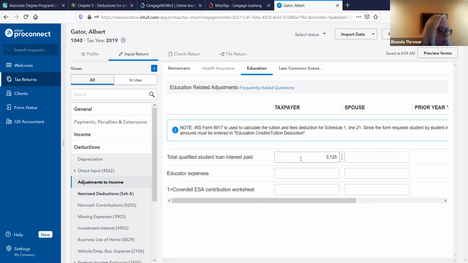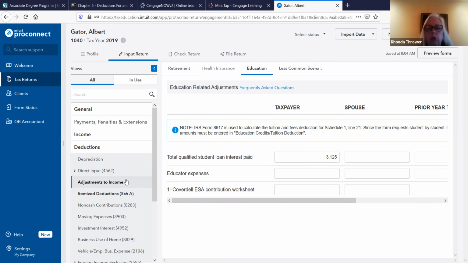In the information that's given, they said that the interest on Albert's college loan is $3,125, so you're just going to write it here. Those are the only 2 adjustments that we need to make for this particular problem.